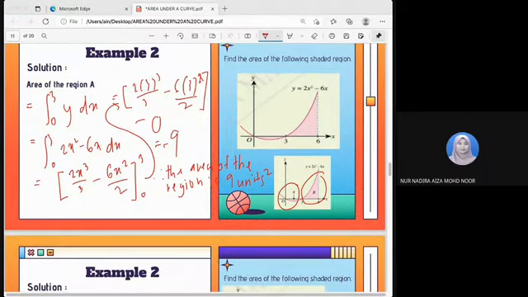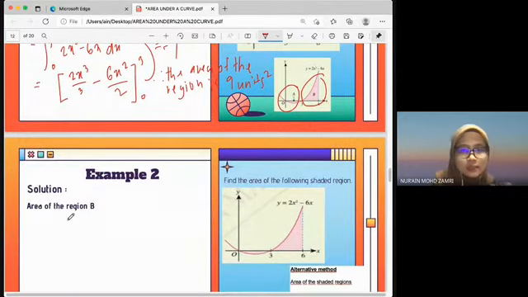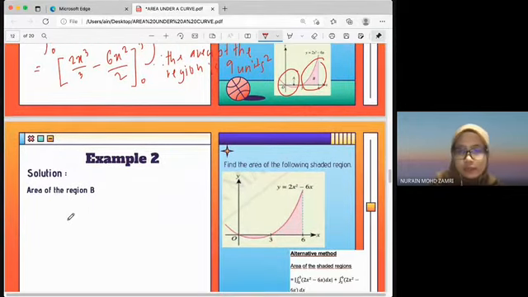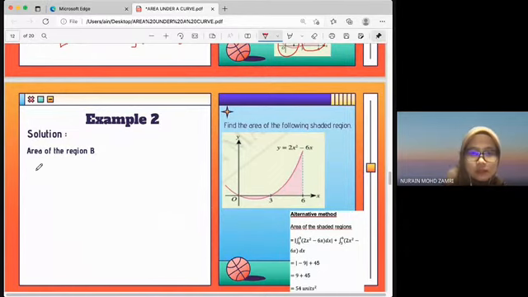So next we go to find the area of region B. Just now we found region A, now region B. So what do we want to do first? We have to set up the definite integral of the function. What is the lower limit? 3.